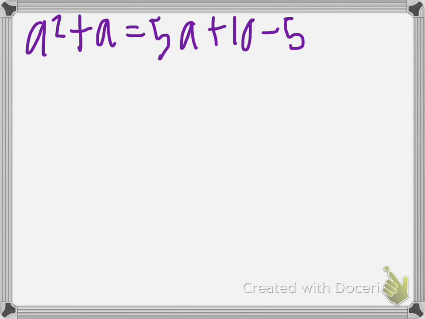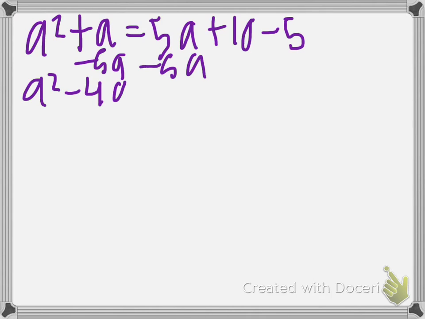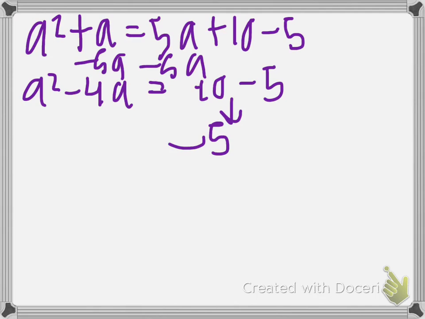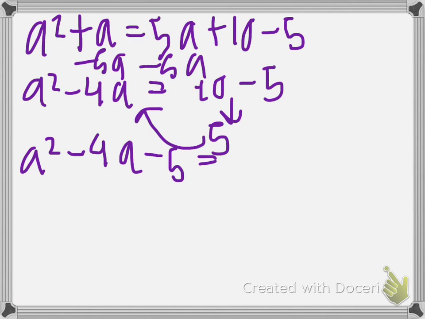Okay, so we're going to subtract 5A from A, which is going to give us A squared minus 4A, which is equal to 10 minus 5. Well, we're going to do 10 minus 5, which is 5. And we have to bring 5 over here, so you're going to subtract from 5. So our final problem right here is A squared minus 4A minus 5 equals 0.